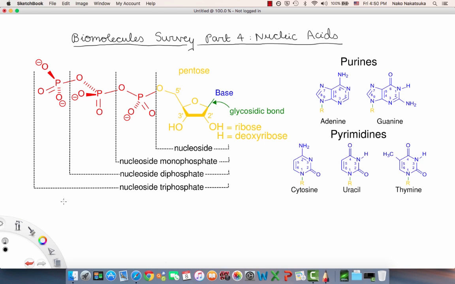In 1869, Friedrich Miescher isolated nuclein from white blood cells. Then in the early 20th century, nuclein was found to consist of three fundamental components. You can probably guess what these were. The first one was a phosphoric acid.